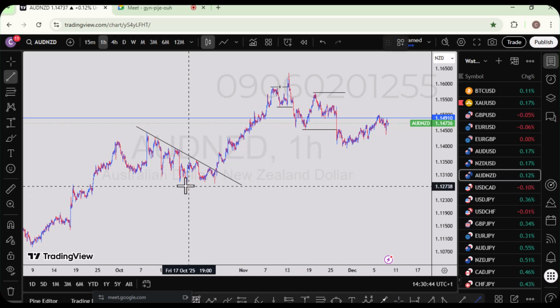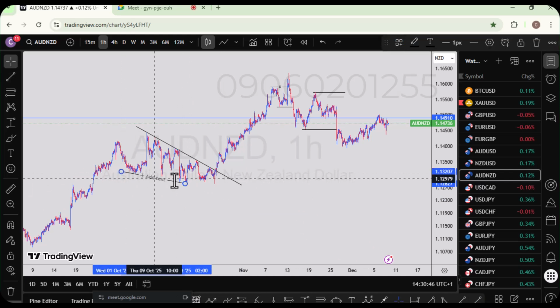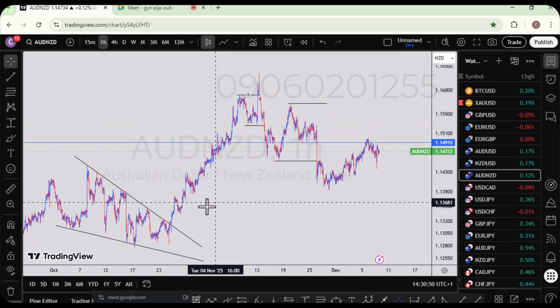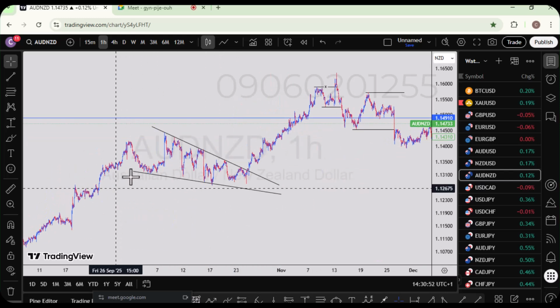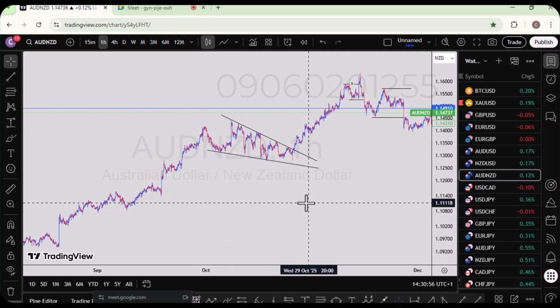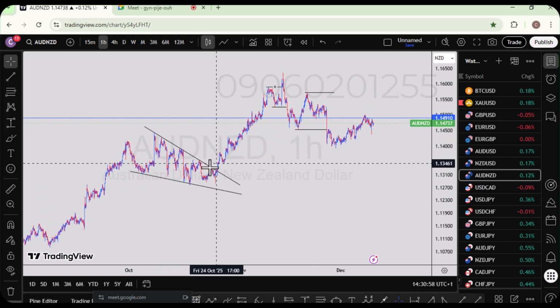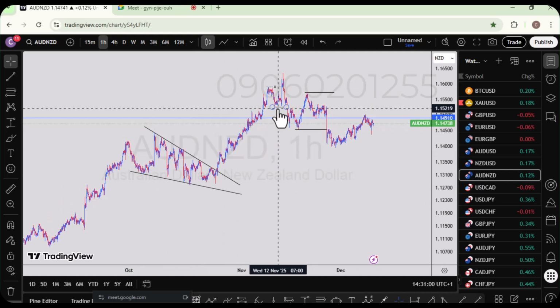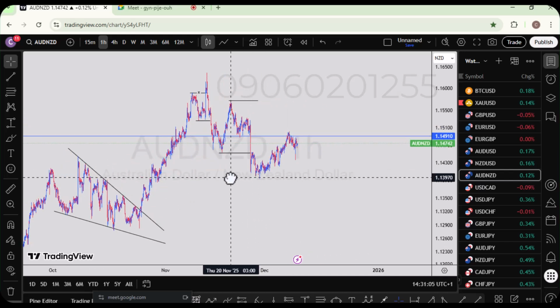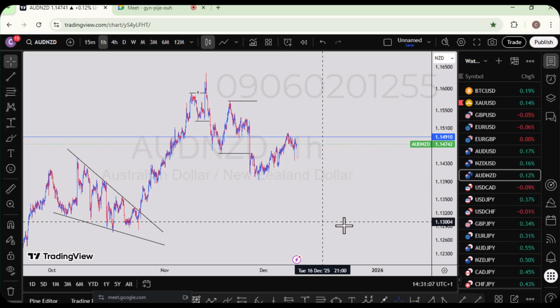Now we have these lows and this low. Now this is an example of the falling wedge I showed you. This is also a triangle, but it's a falling wedge. You can see its nose is pointing down. As the nose points up, what happened? The market continued all the way up. You can see that. So that is gone.